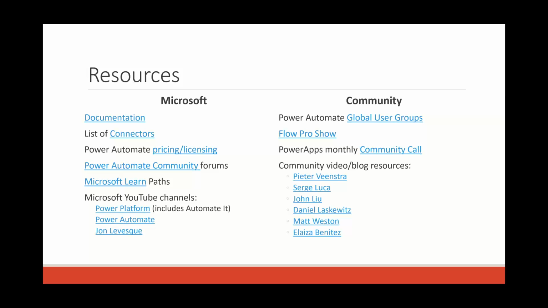John Liu is also known as the Flow Ninja. He does some really crazy things with Flow, kind of hacky things, sometimes having more to do with code, but also some pretty cool stuff on his blog. Daniel, as I mentioned, is my co-host on Flow Pro Show, and he has a lot of videos about UI flows, especially.